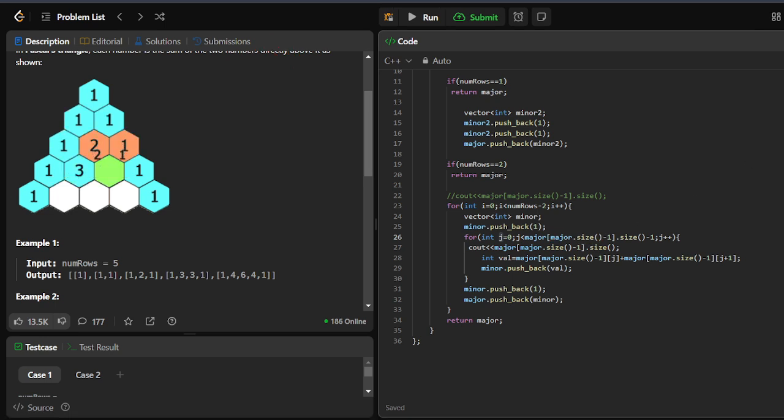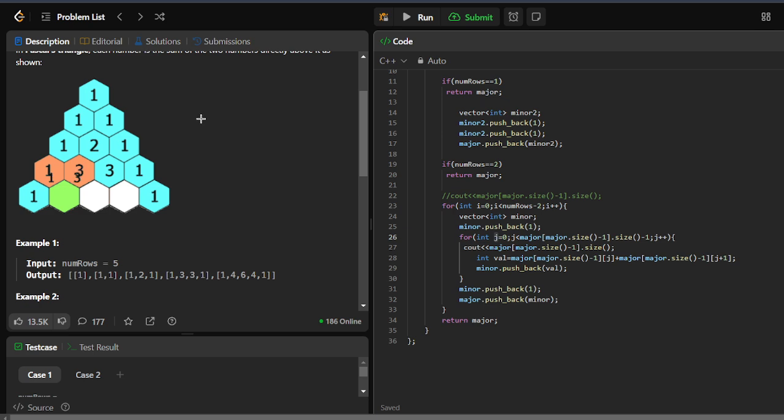To give an idea, suppose I have a 2D vector. If we write v dot size, it gives the row size, how many rows are in the 2D vector.